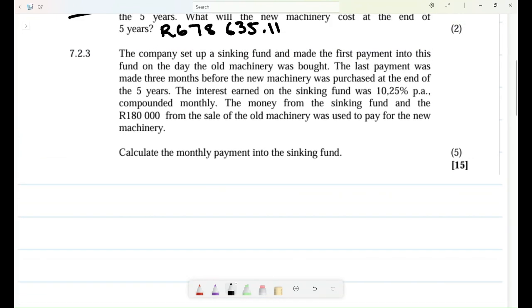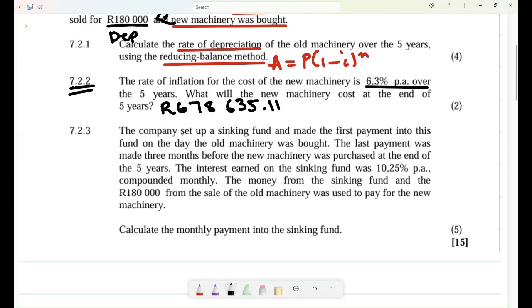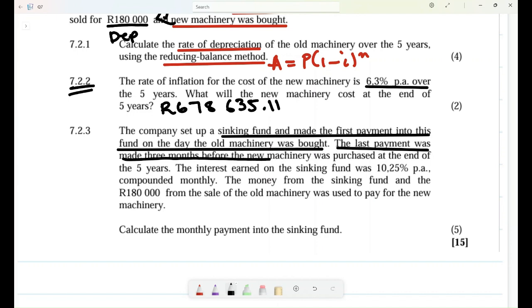Now we are told that the company set up a sinking fund, right, and made the first payment into this fund on the day the old machinery was bought. I'm going to analyze this. The last payment was made 3 months before the new machinery was purchased.